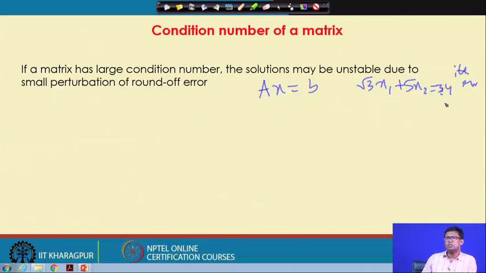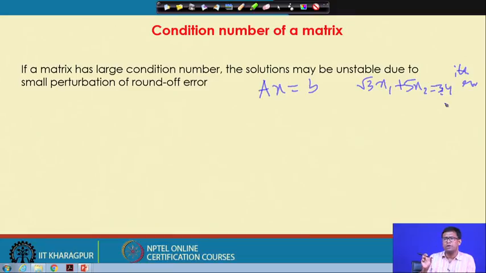Now, this root 3 or even 3.4, when we use a computer to define it, it never defines the value which is exactly the same as root 3. We discussed it earlier: root 3 is an irrational number, so it will have infinite decimals to define the exact value of root 3. However, when you use a computer, it truncates it after certain values.